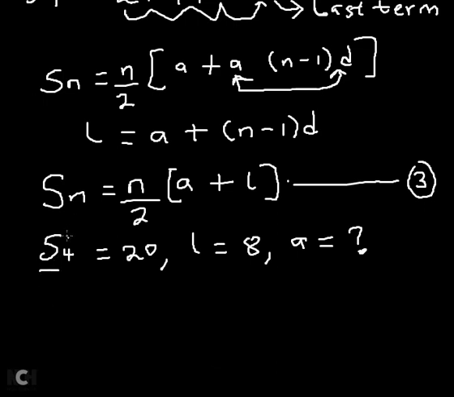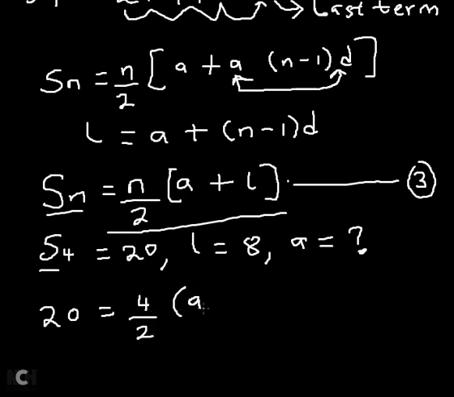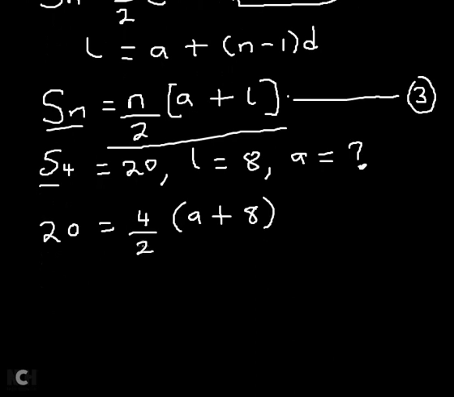So S4, the formula you're going to apply is this formula. By this formula, S4 is 20. That's going to be 20 equal to, of course, n is 4, that's 4 over 2, bracket open. We are looking for a. That's the unknown. And we are told that the last term is 8. So 4 divided by 2 is 2.